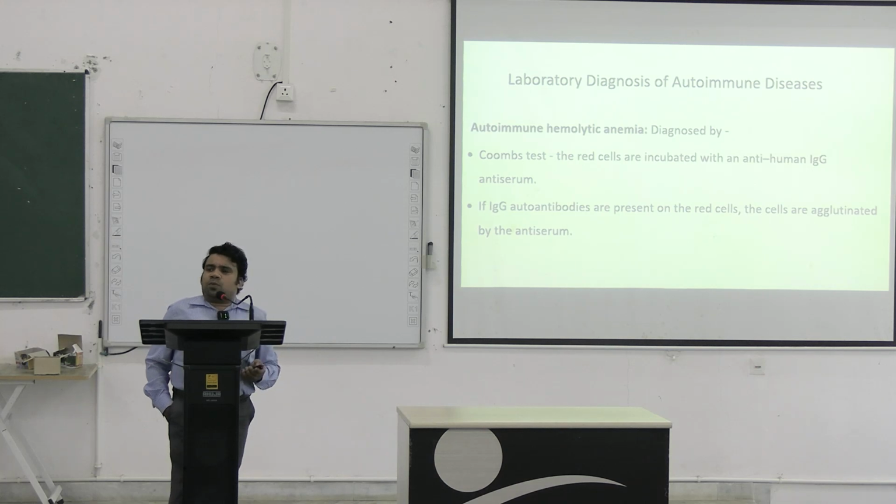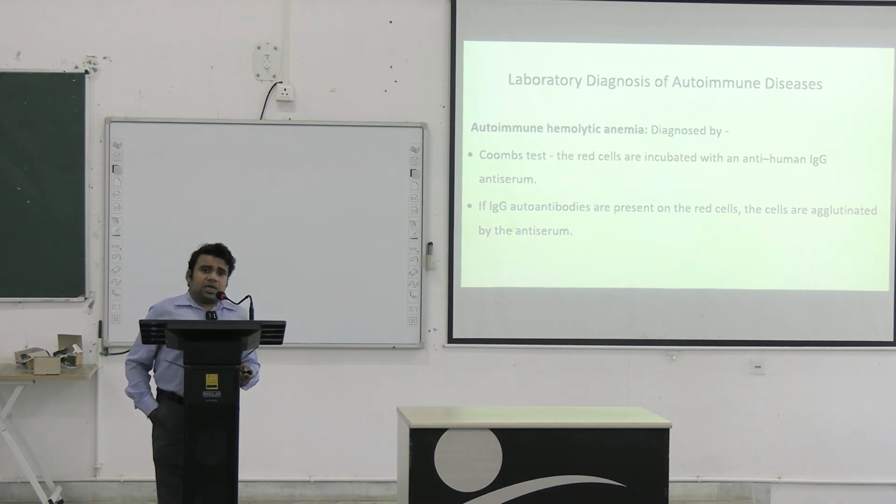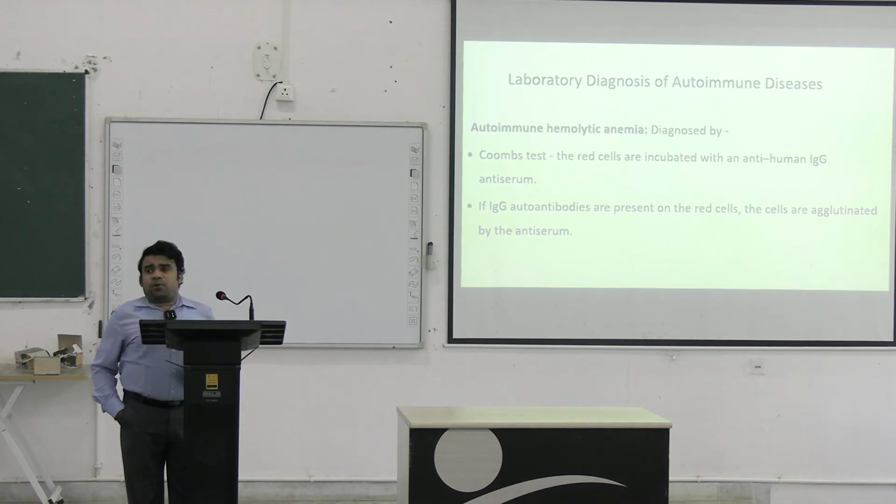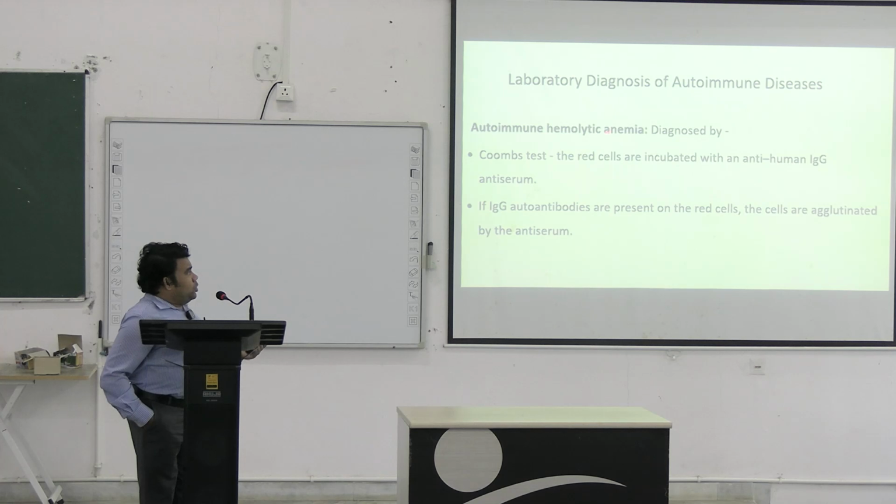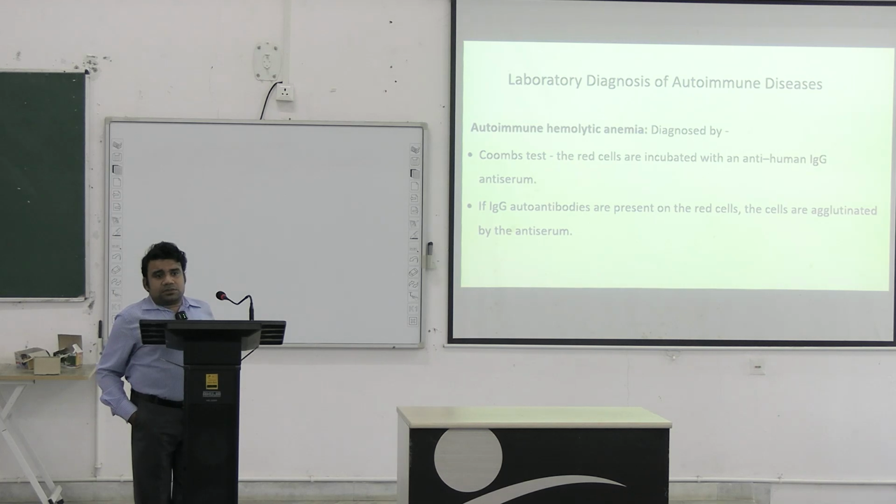So, this is a very small gist of the autoimmune diseases. There are many autoimmune diseases, and more types of autoimmune diseases are being discovered even now. Coming to the laboratory diagnosis, how can we diagnose them? Like in autoimmune hemolytic anemia, this is mainly mediated by antibodies.